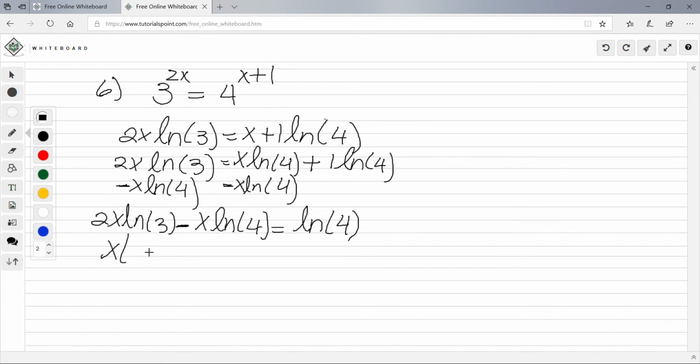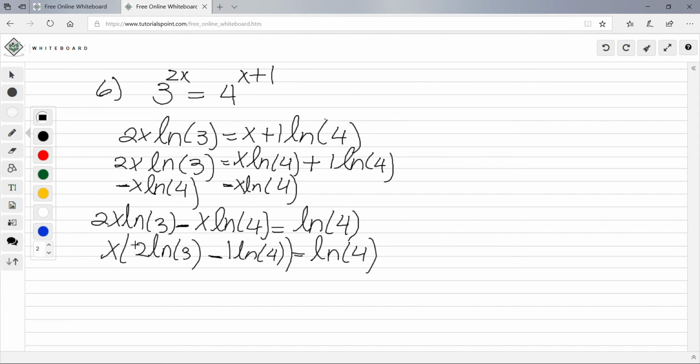So that's x times 2 ln of 3 minus 1 ln of 4 equals ln of 4.